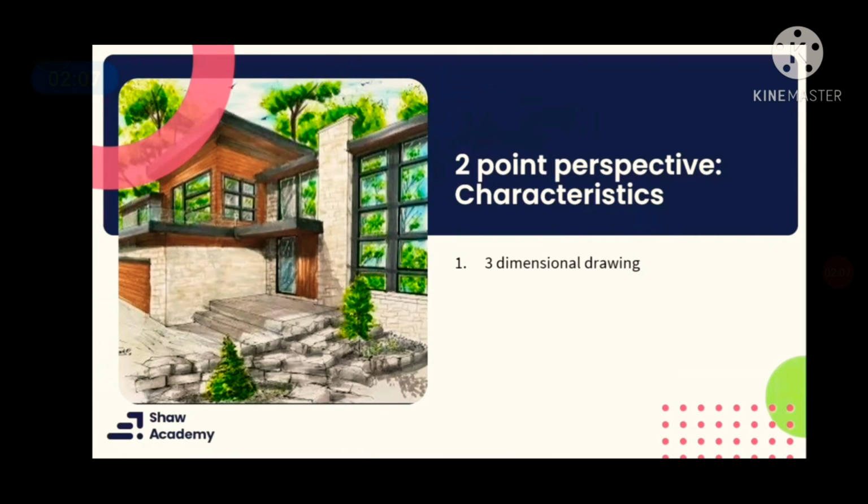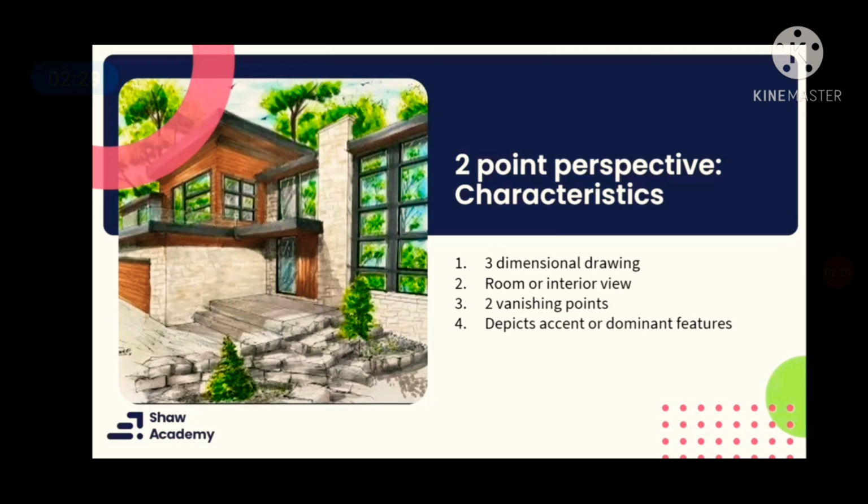First, it's also a three-dimensional drawing. This is generally a view of a room or interior space, but can also be drawn as an external space, as you can see in the example. As we know, these drawings have two vanishing points.